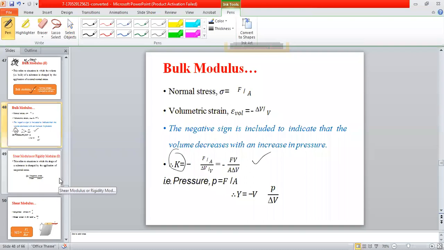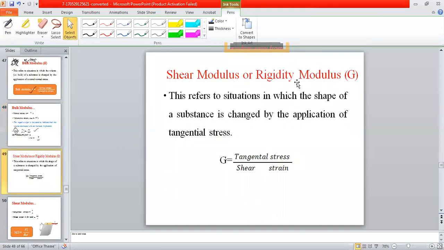And the next slide is the shear modulus. The other name is the rigidity modulus, rigidity modulus or shear modulus. The shear modulus is represented by G, and it is also nothing but shear stress by shear strain. We have seen it again.